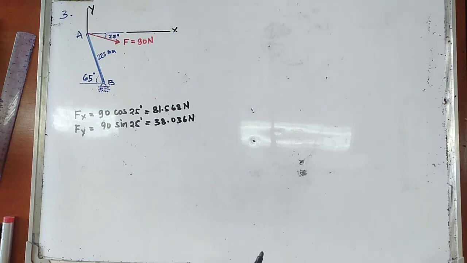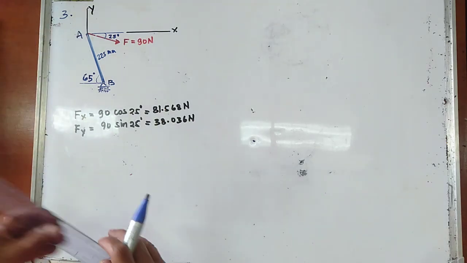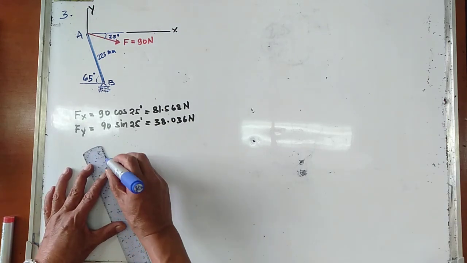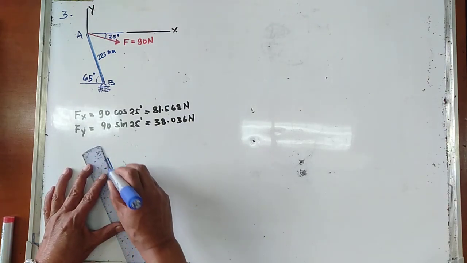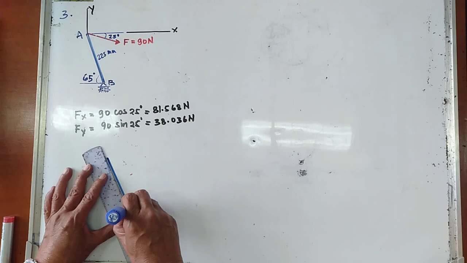Now, knowing now your x and y axis, let us try to apply your Varignon theorem. So let us try to resolve the force at point A. So if you try to resolve the force at point A, we have the rod in here. This is now your rod.